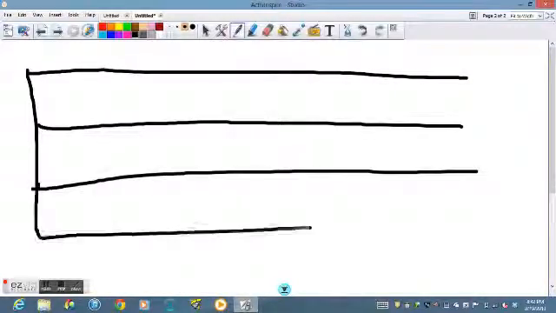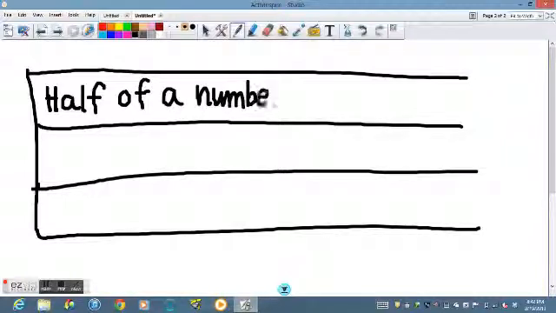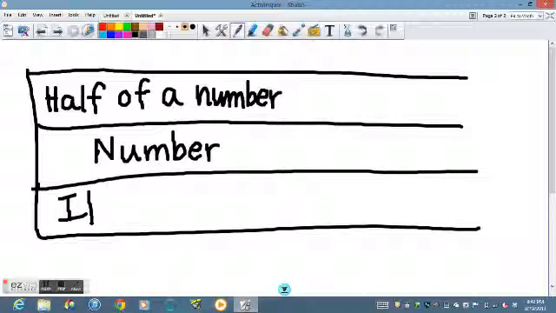Alright, and in the first row it's going to say half of a number, and then here it's just going to say the number, and then here it's going to say its double. So this is the number's double.